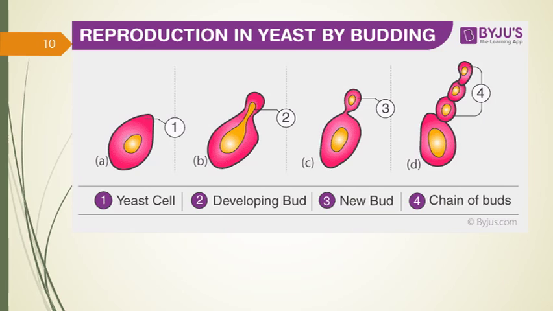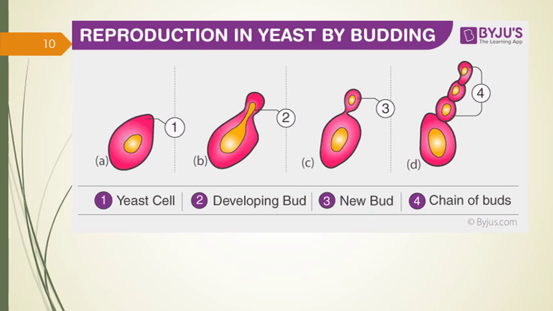In this picture, you can see the reproduction by budding in yeast. In step 1, you can see a small portion of the cell enlarges to make a bud.